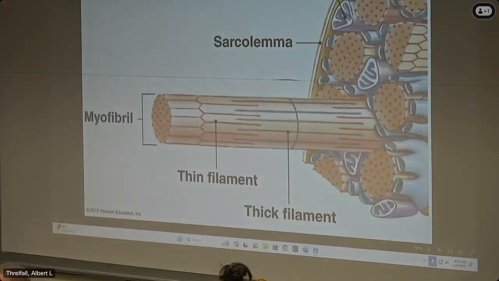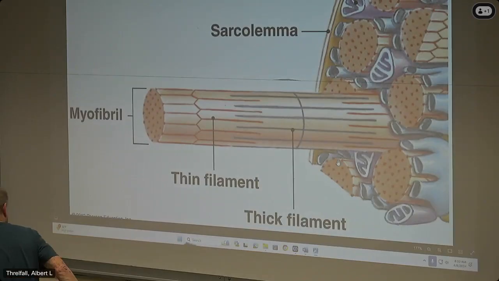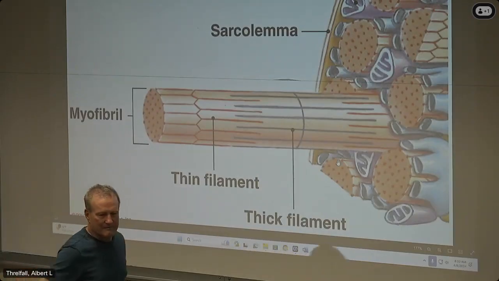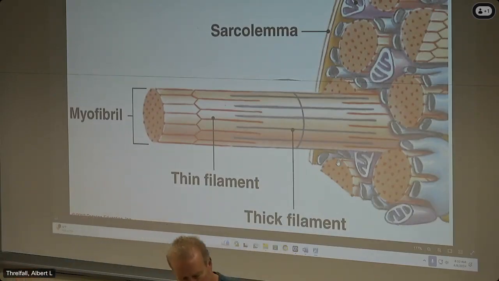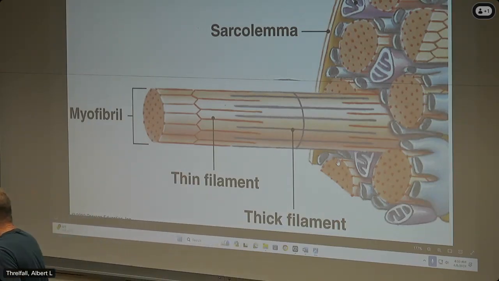So as we pick up with this, names have been assigned to these different areas, in other words, the area that is myosin, etc., so that you can talk about it.